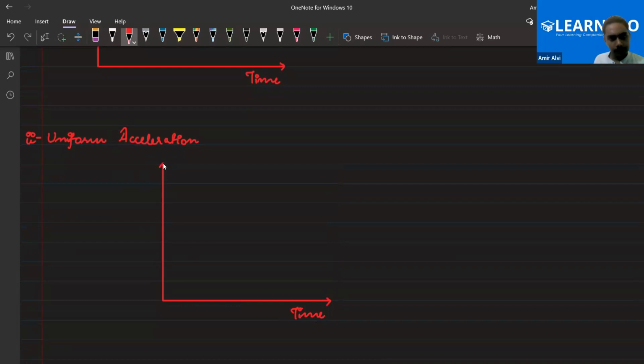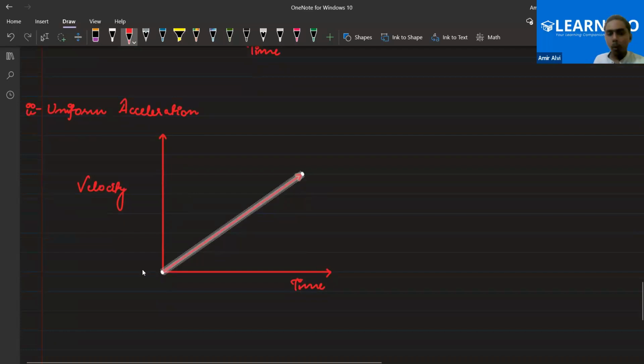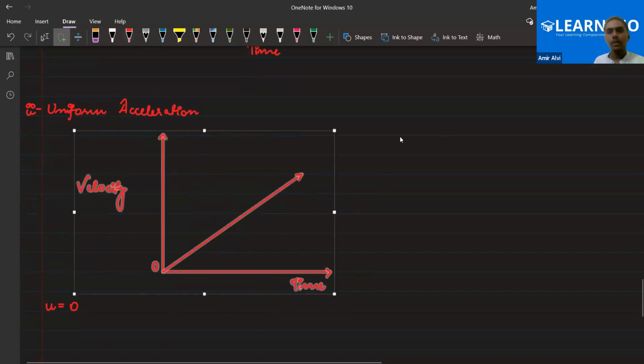This is velocity. So it is uniform, so the line would be straight. As you can see, the starting point is the origin of the graph, so the body's initial velocity is zero in this case. Suppose that the body's initial velocity is not zero. In that case, how will you write it? It will look like this.